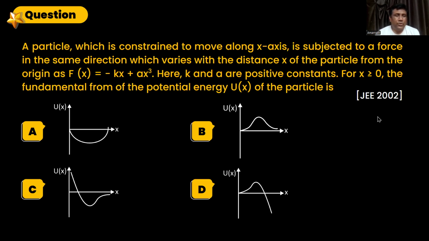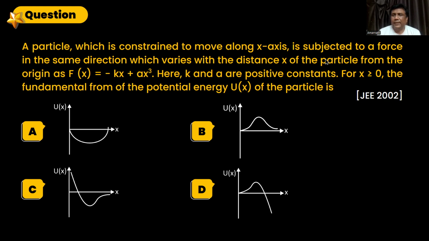So this one is a question. A particle which is constrained to move along the x-axis, say a particle moving along the x-axis only, like a spring. Say a spring, this is the fixed wall and one mass is connected with the spring and pulled, so it will be ready to move along the x-axis only.